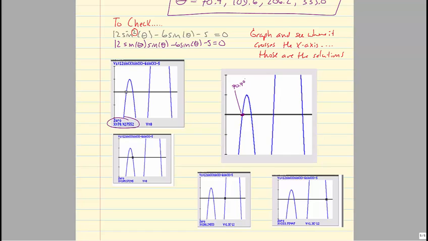We also had 109.6, and that matches here. Then this crossing point was here at the 206.2, it looks like. And then this last point was 333.8 degrees. So these perfectly match our hand solutions.